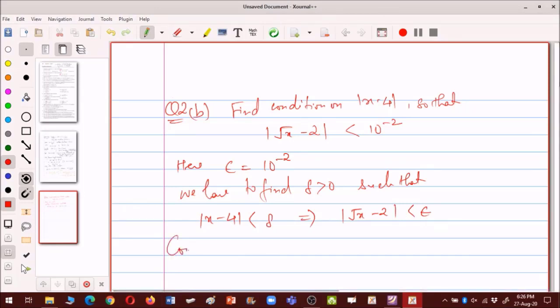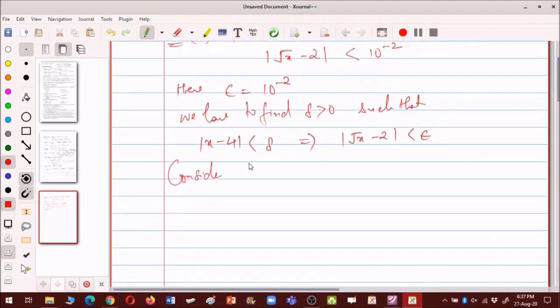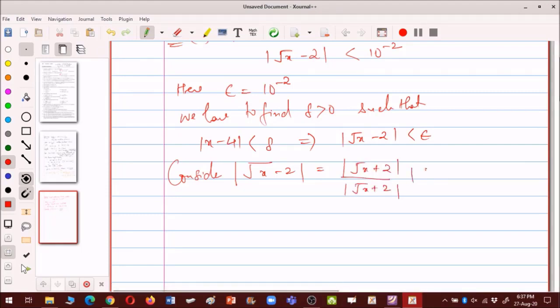So let us start. Let me consider root x minus 2. I will try to express this in terms of x minus 4. For that I will multiply and divide by the conjugate, so this will be equal to x minus 4 over root x plus 2.